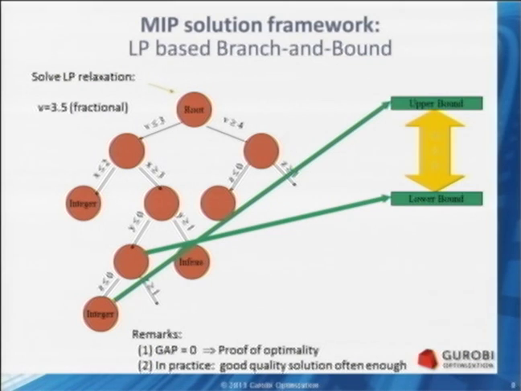And the node among those that has the worst bound is going to constrain your overall bound. So as the branch and bound progresses, you have an upper bound, you have a lower bound, you have an optimality gap. And as the exploration continues, the gap shrinks. Eventually, the gap reaches 0. That's a proof of optimality. Typically, people stop well before that. They're content with a non-zero optimality gap.